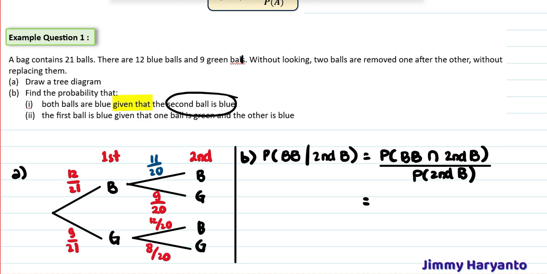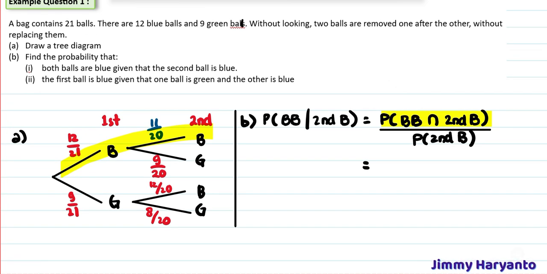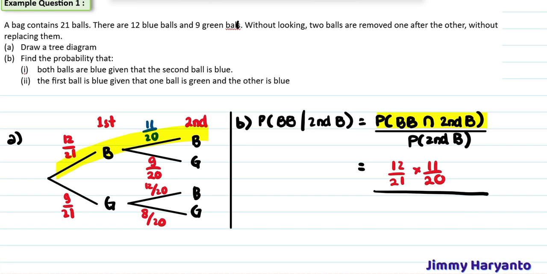So for the intersection, you only have to find the path that will give you both blue and blue, and also the second is blue. So blue and blue, the second is blue, will be this one. This path will satisfy both of them, so you have to choose that path. So the probability will be 12 over 21 times 11 over 20. And then you have to divide it by the probability of the second blue.